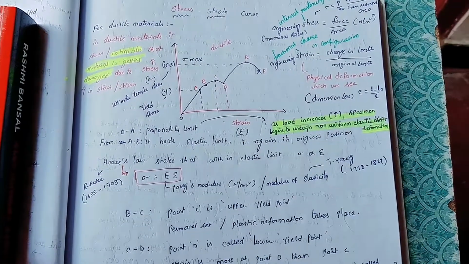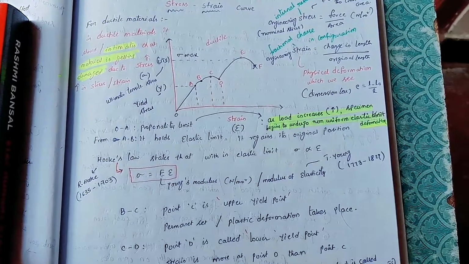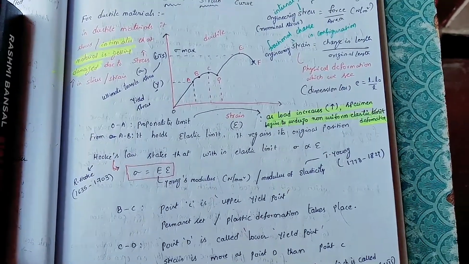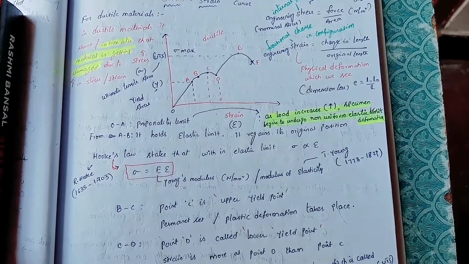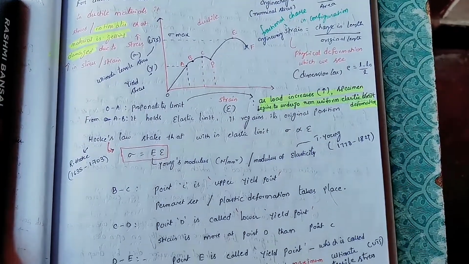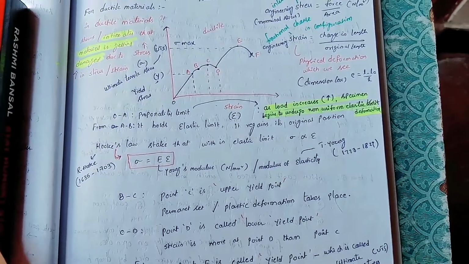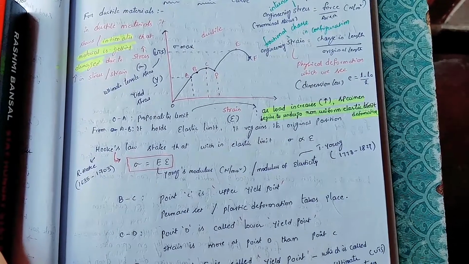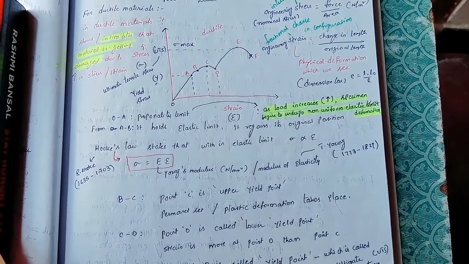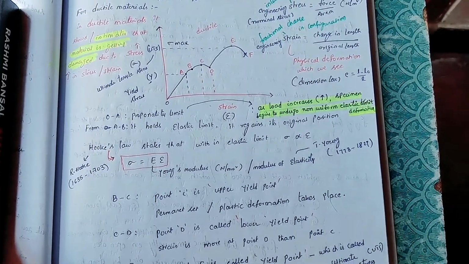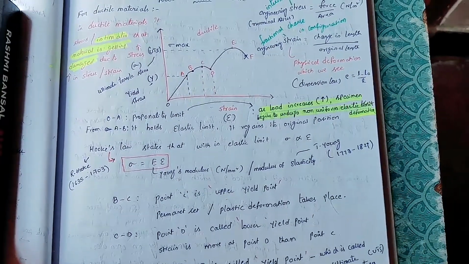For ductile materials, we have some points marked on the curve. So we'll go through the points in detail. First, O to A is the proportionality limit. It's nothing but stress is directly proportional to strain.